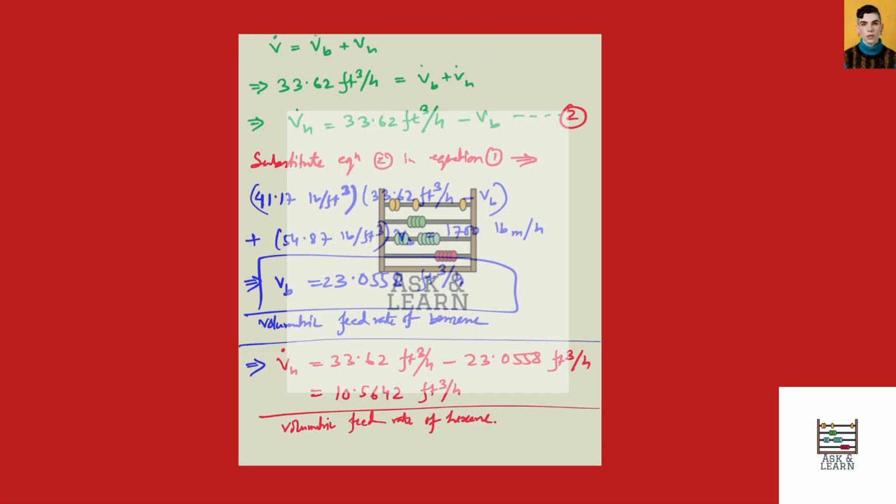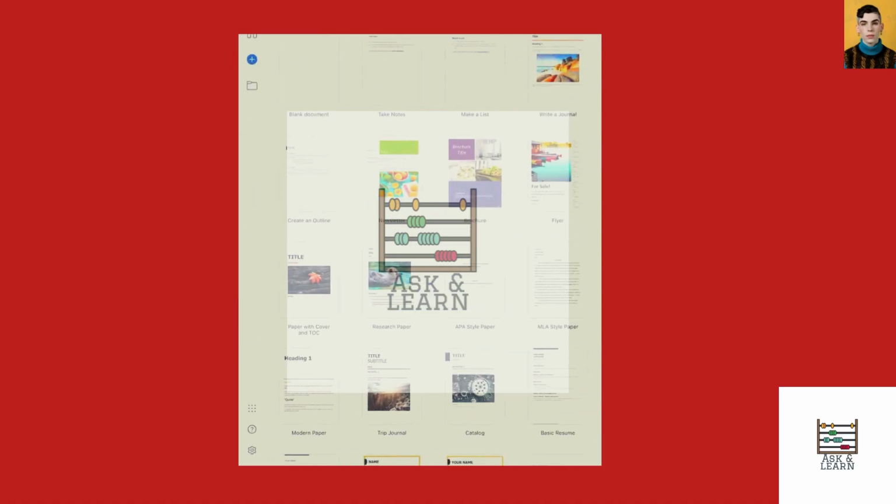Now we need to calculate the mass feed rate of benzene and hexane. Let's do that.